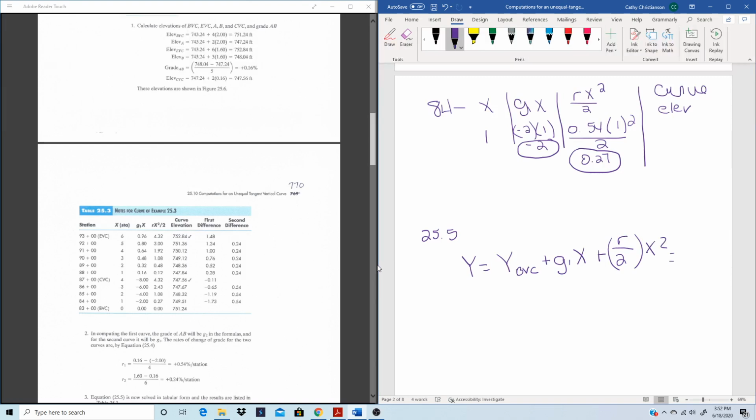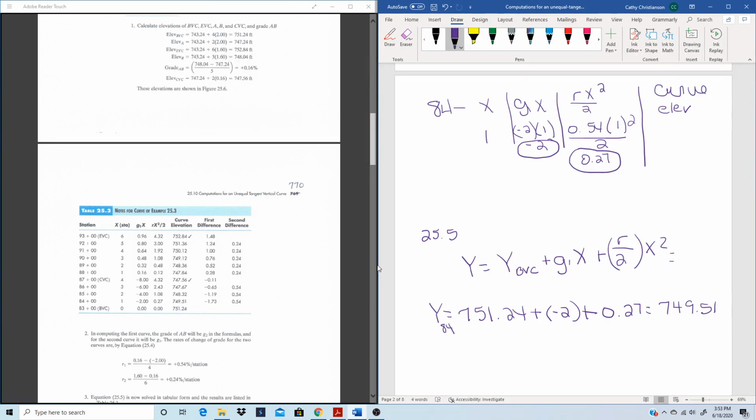So essentially y equals 751.24 plus g1 times x, which was a negative 2, plus rx squared, which is 0.27, and you would get 749.51. So I'm going to write a little 84 underneath there.